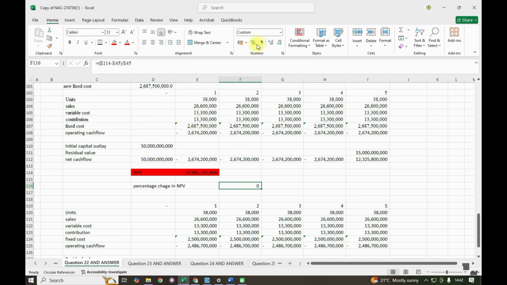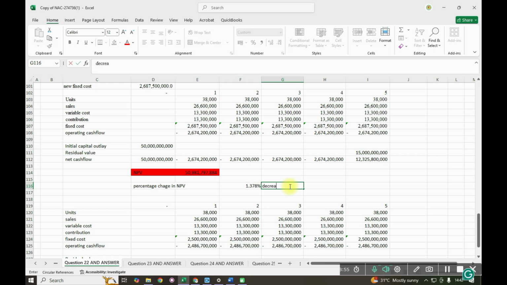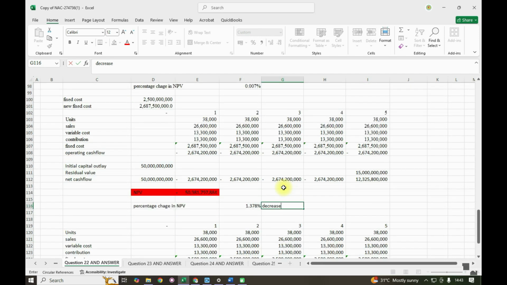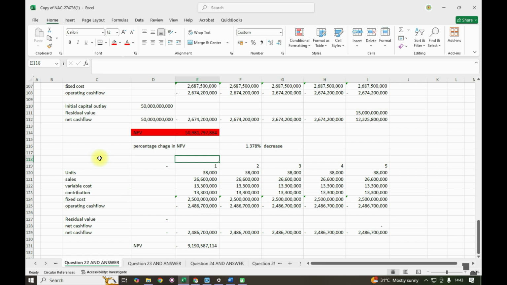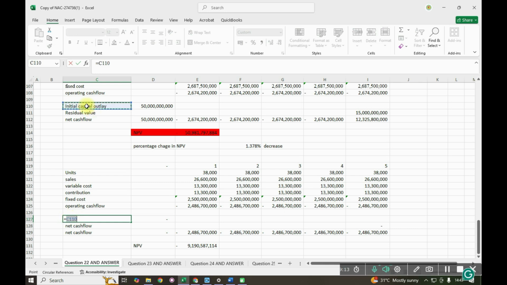This one, so we'll find that. So these are decreased. All these are decreased. The NPV will decrease by that value. It will decrease by that value. So it is decreasing, towards that end.